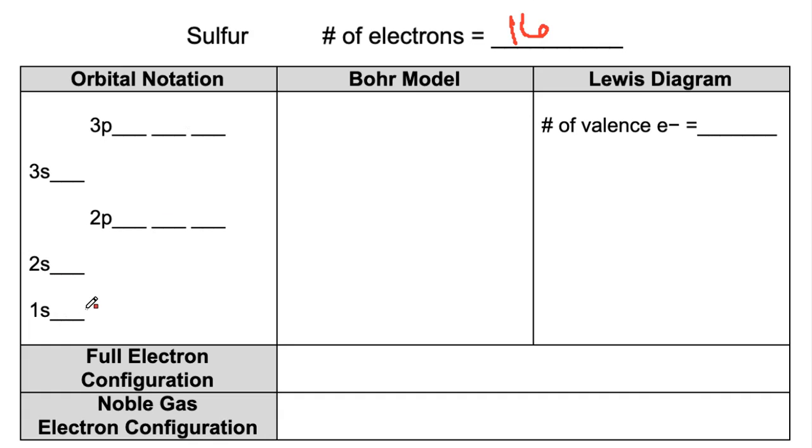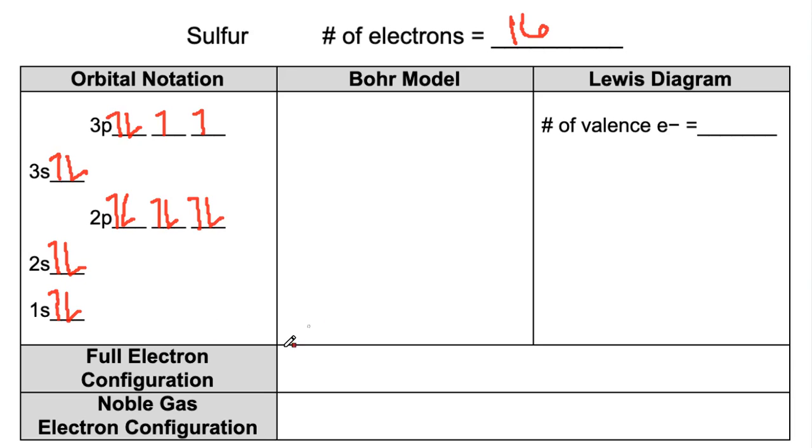As I fill this out, I need to follow the Aufbau principle, Hund's rule, and the Pauli exclusion principle, starting from the bottom and working my way up. 1, 2, 3, 4, 5, 6, 7, 8, 9, 10, 11, 12, 13, 14, 15, 16. I've placed my 16 arrows, or electrons, following our 3 rules.